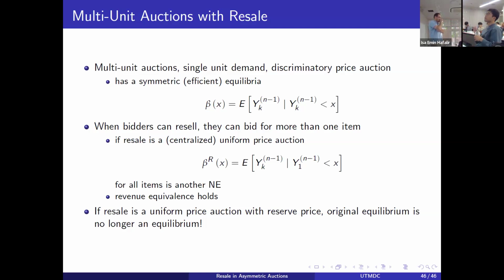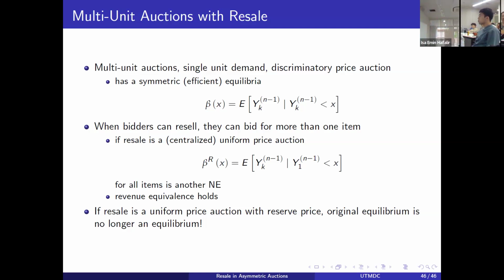So I think once you have 2 objects and everybody has single unit demand, they can be a real bidder for one of the items, but they also become automatically a speculator for the second unit. That's why the behavior changes.